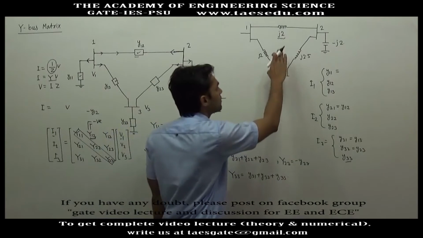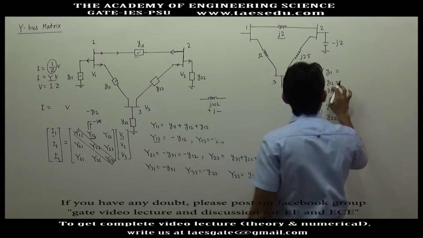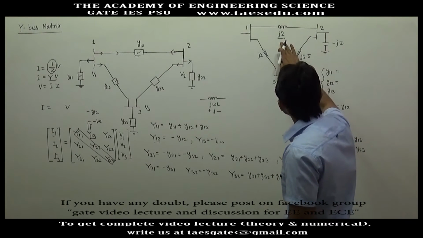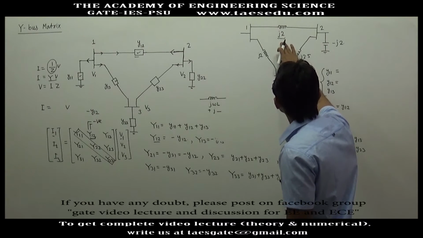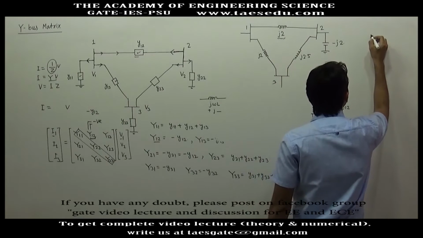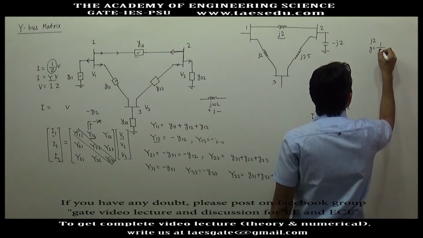So this cannot be y12. In y12 we have to take admittance, and here it is impedance, so we need to convert it. If the reactance is J2, what will be the admittance? 1 by J2.